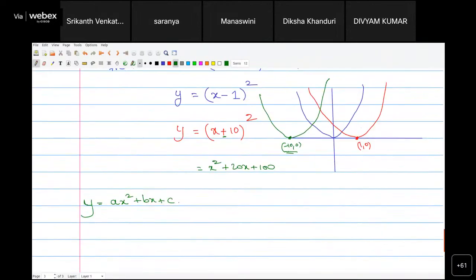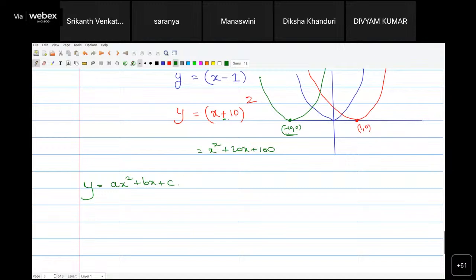Okay, before moving to that, if the constant is inside the square, it is like shifting. What if it is like this? If y is x square plus 2, outside the square, what happens if I add a constant or subtract a constant outside the square term?